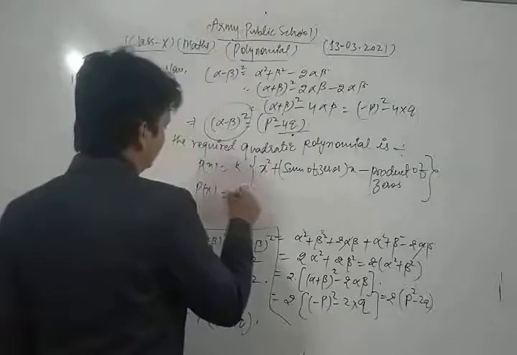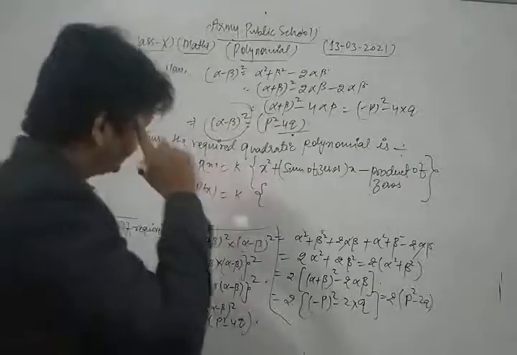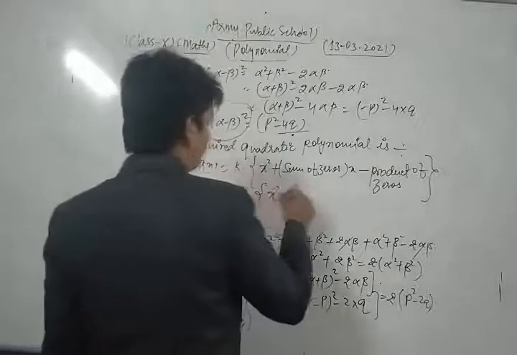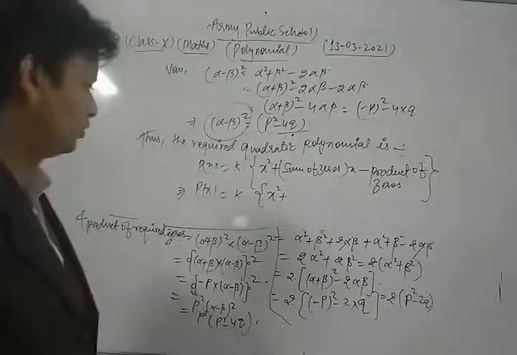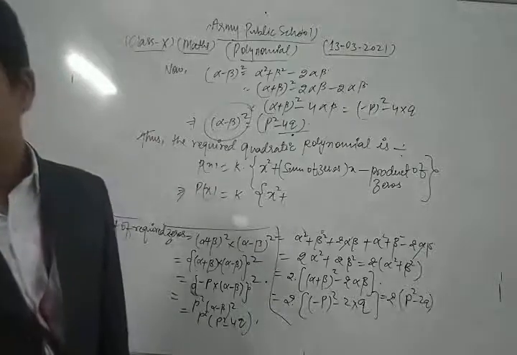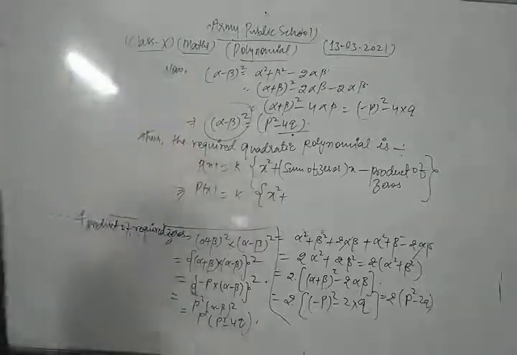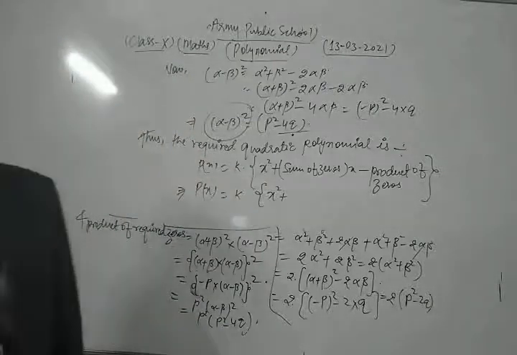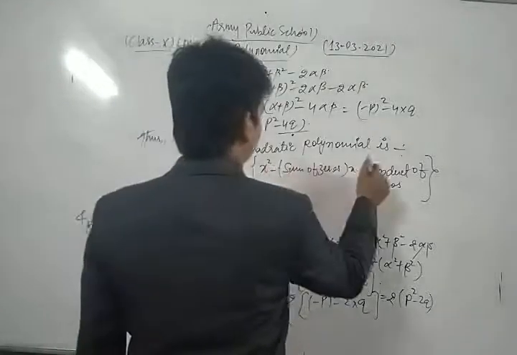So p(x) is equal to k in bracket x square, the sum of zeros. Here the sum of zeros is 2 into p square minus 2q. This is the formula with minus sign here: x square minus sum of zeros into x plus product of zeros.